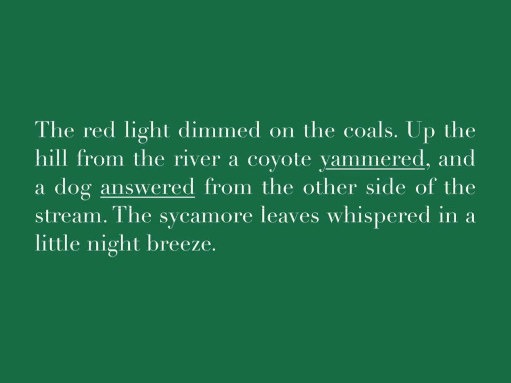For me, yammering is kind of a senseless series of sounds. They're not organized or logical, but answering tends to be more logical. So the coyote yammers and the dog answers.